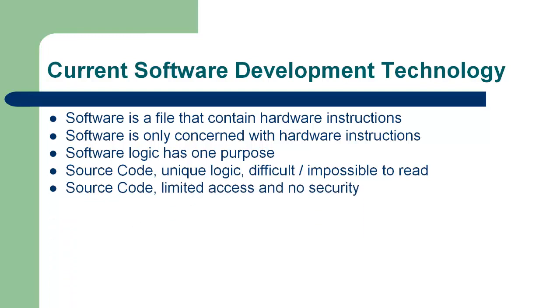Our source code has limited access to our information and no security built in. It simply calls more software to generate security, but the physical hardware has no restrictions. And our source code has hard-coded data structures. So our data structures, let's say we have out there a name or something, which is stored in a few bytes of numbers.